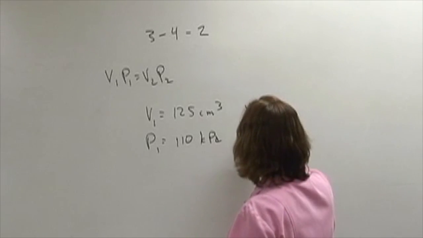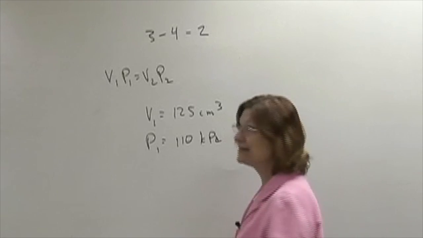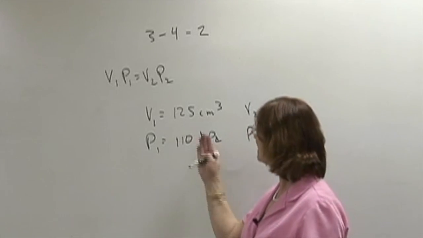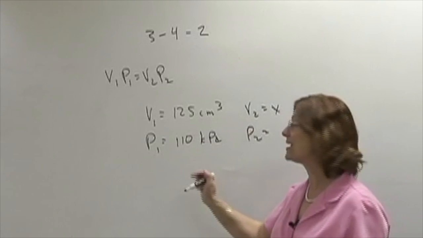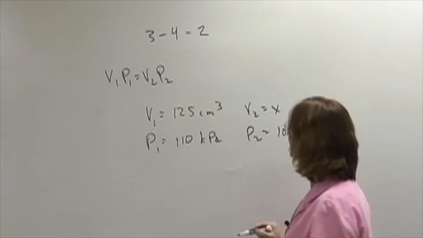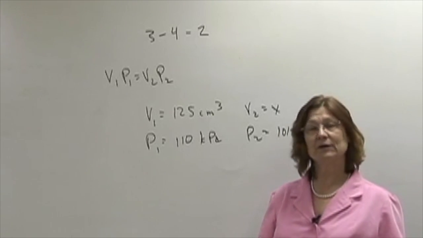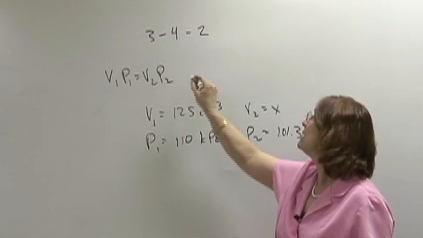And so my V2 is my unknown, and my P2 is standard pressure. Now, because I am in kPa, I want to use my standard pressure value for kPa, which will be 101.3 kPa.